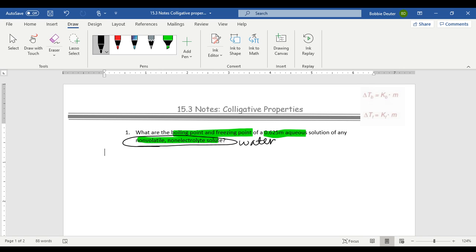So let's start by finding our elevated boiling point constant. Let's start with our delta T_B is equal to K_B times m. Right now we don't know what our delta T_B is. That's what we're solving for. We have our molality, which is 0.25 molal.